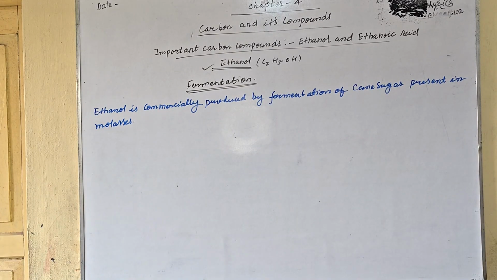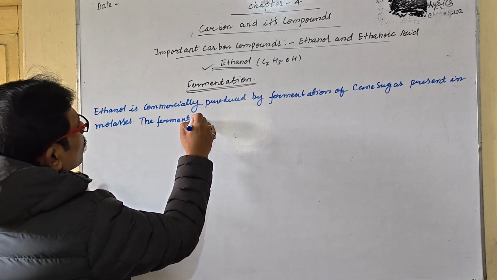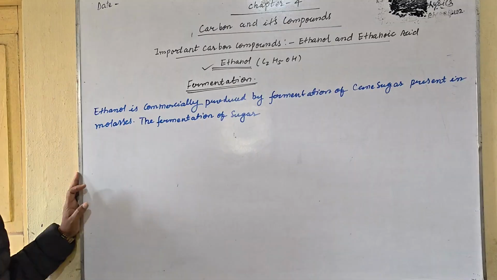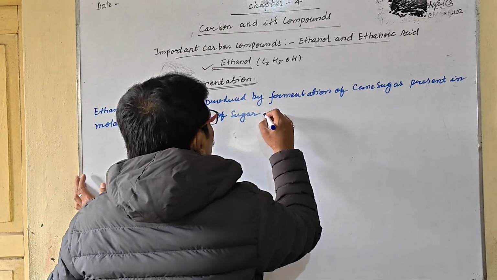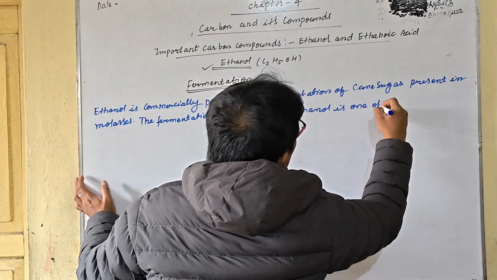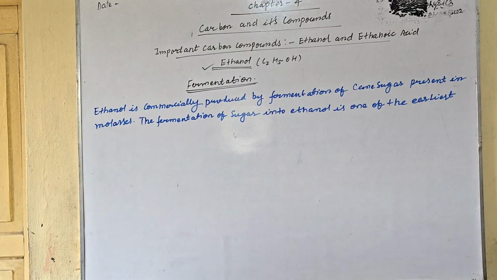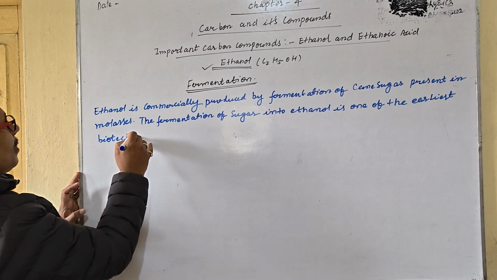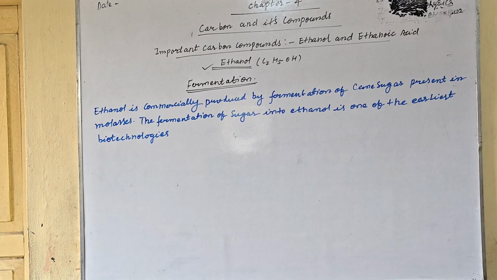After that, the fermentation of sugar into ethanol is one of the earliest biotechnologies employed by humans.